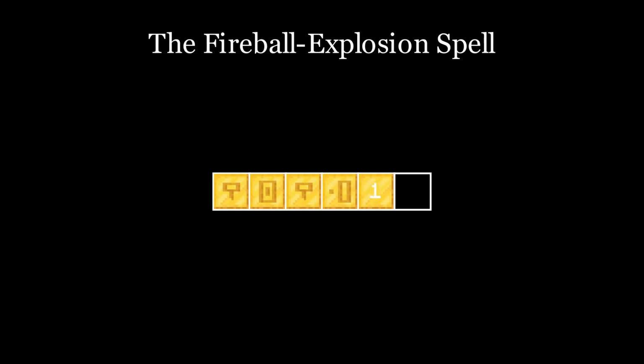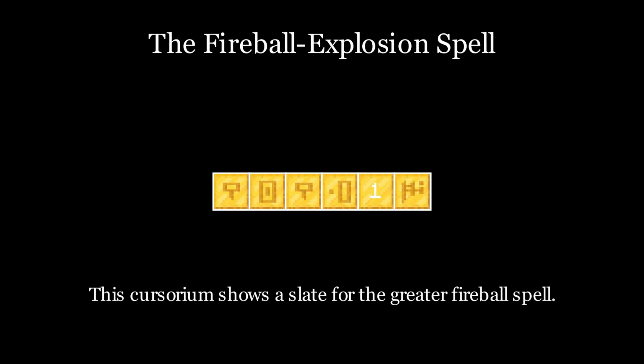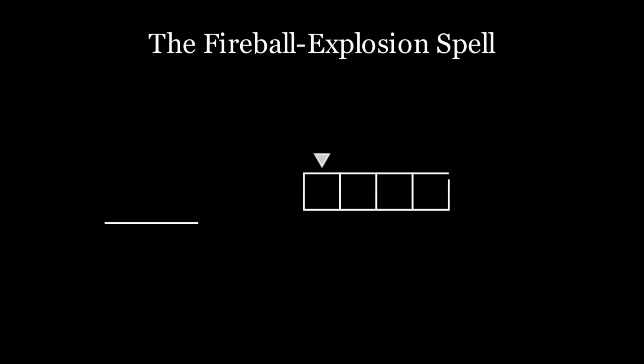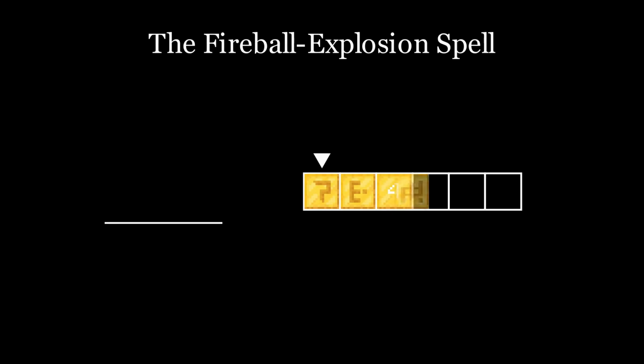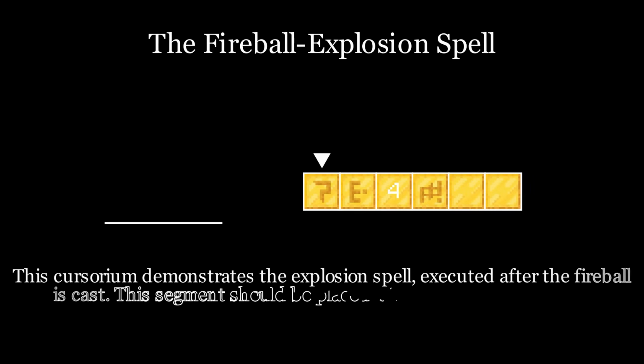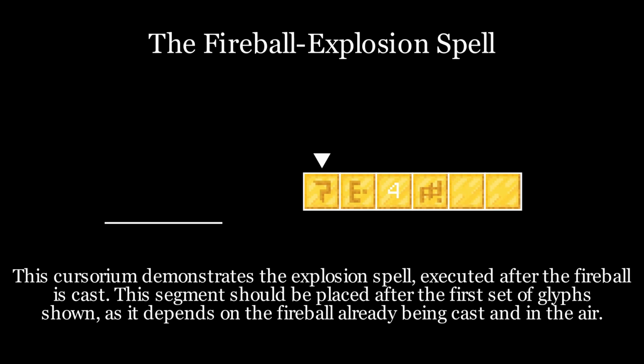Initially, we'd cast the greater fireball in a very similar fashion to how we cast our firebolt. After casting the projectile, we would have an empty capsum and a projectile in transit towards its impact point. This is where we can use the wait for impact glyph to pause the spell while the projectile is in the air. Eventually, the projectile will hit something, causing it to return onto the capsum a special species called a result, and prompting the spell to resume execution.